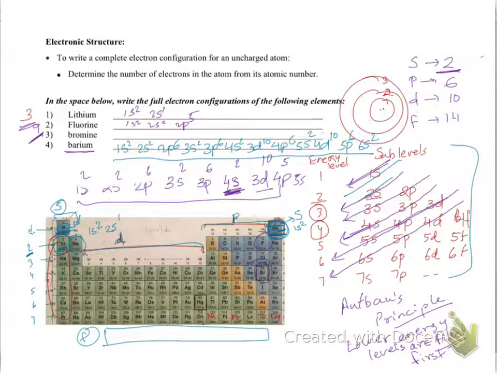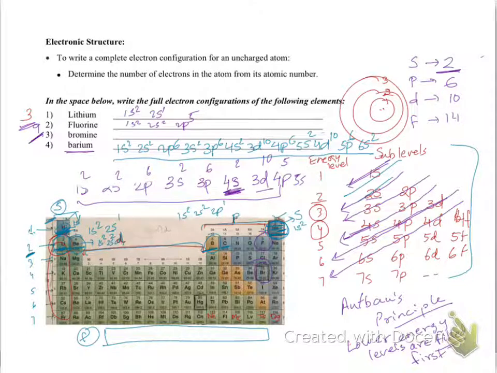Then what will be for beryllium? 1s2, 2s, now it's the second one, 2. Let's go to boron. Start from here, 1s2, this and this, 2s2, and now you are entering P block. So 1s2, 2s2, you're still in the second row, 2p1.